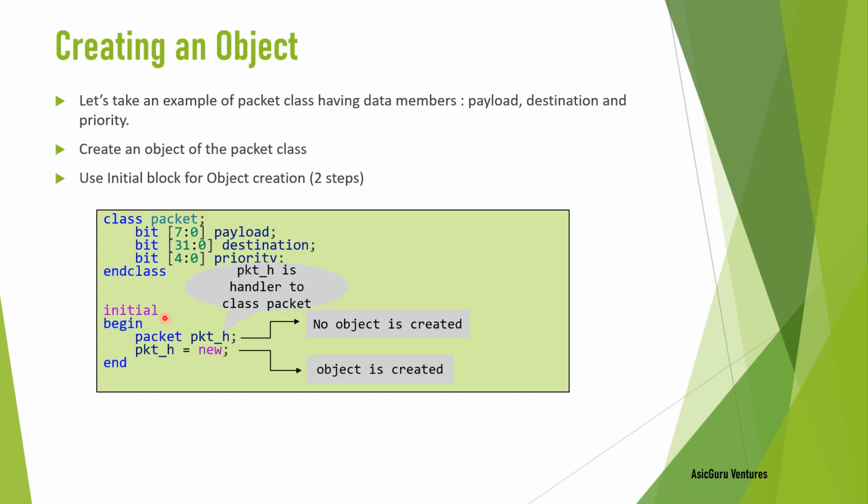So inside the initial block, first we declare a class handle, that is pkth. At this point, no object exists. Then we use the statement packet handle equals new. It actually creates the object and assigns its reference to the handle. So that's how we create an object in System Verilog. First we declare the handle and then use new to allocate memory.